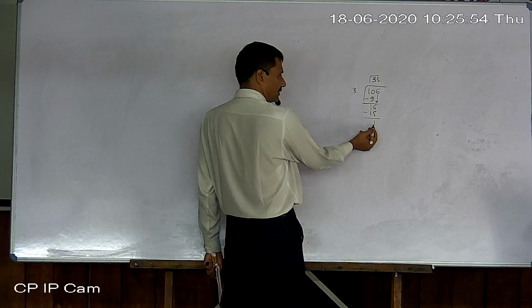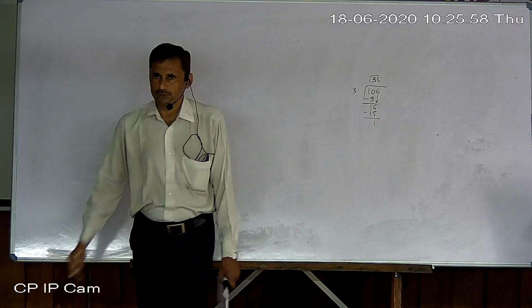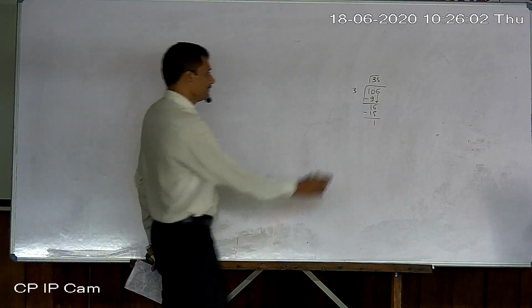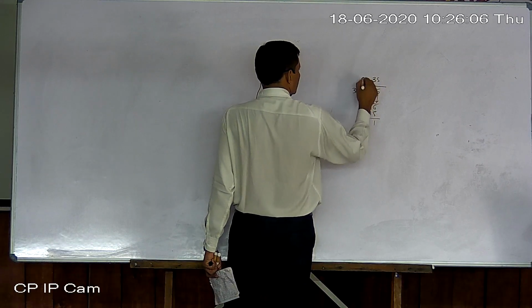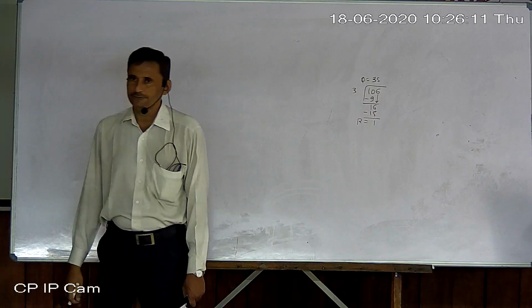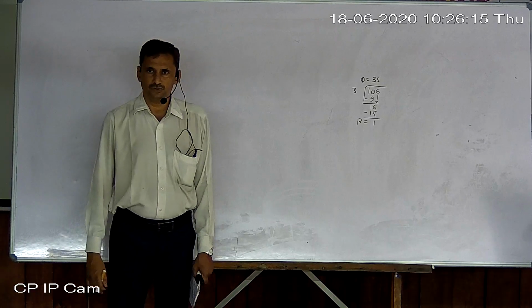Now whatever you got is less than the divisor, so division is not possible in the next step. So this is your remainder and this is your quotient. Dividend, divisor: you are familiar with all these terms from lesson number 1 also.